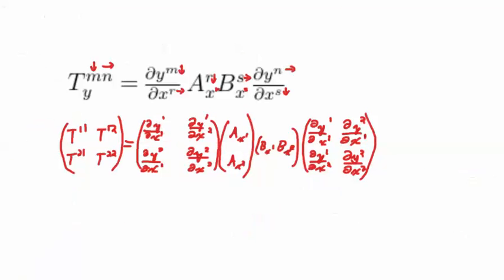Okay, so I made it a little bit smaller so you can see the entire equation at once. You see that now all of the matrix multiplication is set up so that it's ready to do in order.